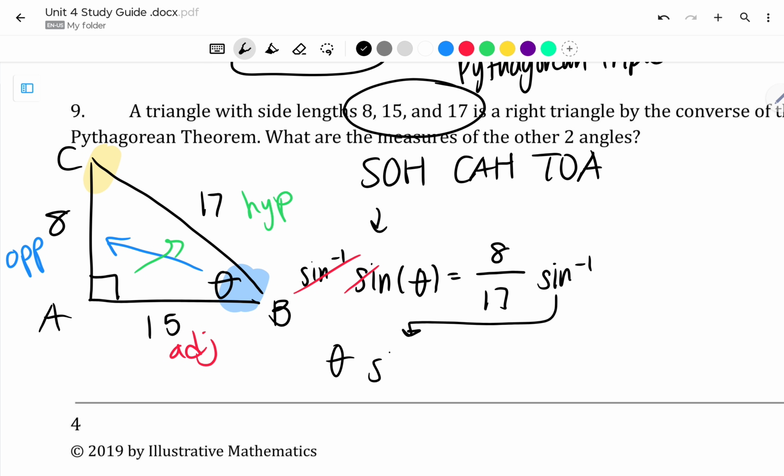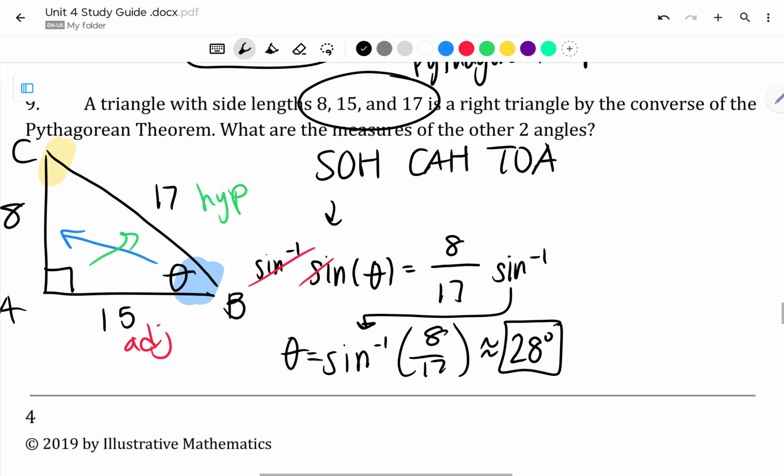I'm bringing this to the front because when you punch this in your calculator, you have to do the inverse sine first. So inverse sine of 8 divided by 17. I get about 28 degrees. I'm going to round to the nearest degree. So then we know angle B is 28.